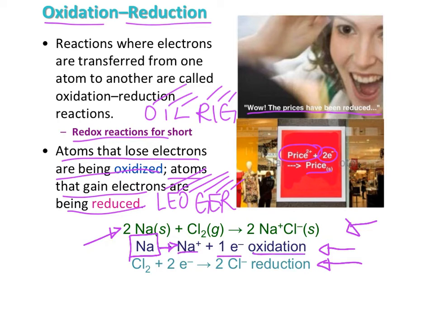So that's oxidation. Losing electrons is oxidation. For reduction, the half reaction shows we started off with our element, and we were going to gain 2 electrons, and then the reaction happened, and it actually gained the electrons. And now it's reduced.